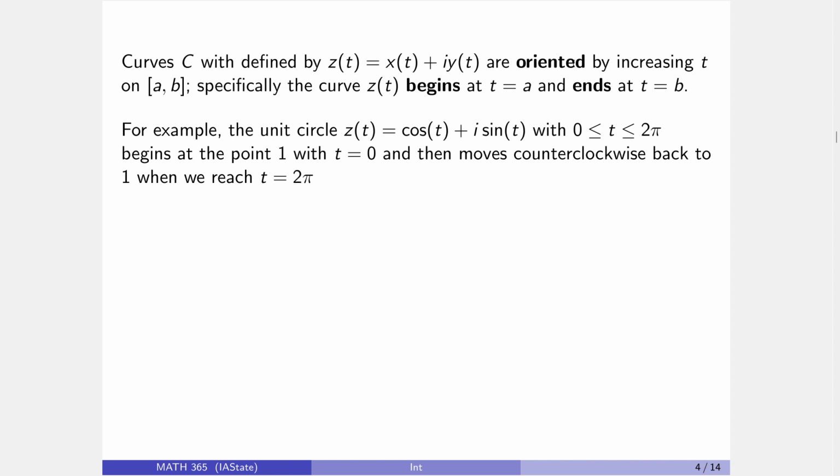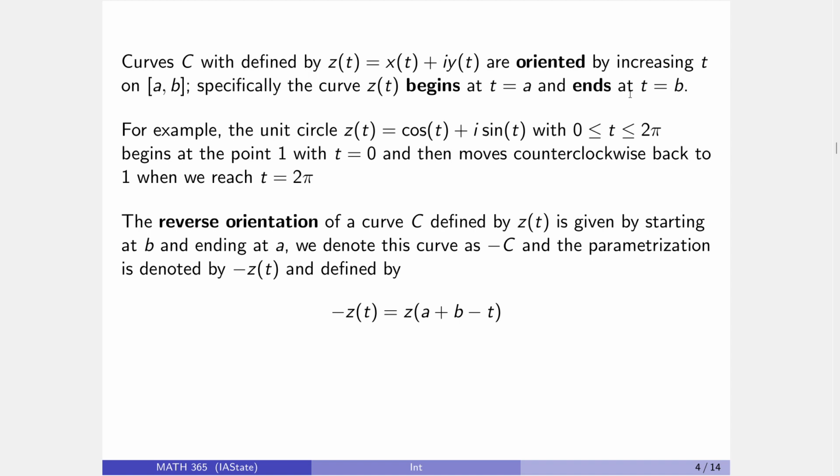Right, there's a clear orientation to it, but if x and y are sufficiently complicated, orientation might start getting a little weird. But basically when we say orientation, we're just talking about there's a beginning and then there's an ending. And if there is a beginning and an ending, you can reverse it.